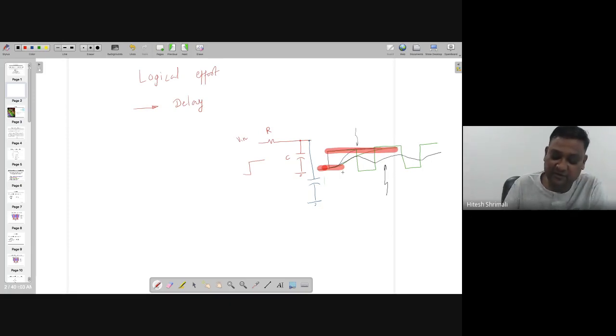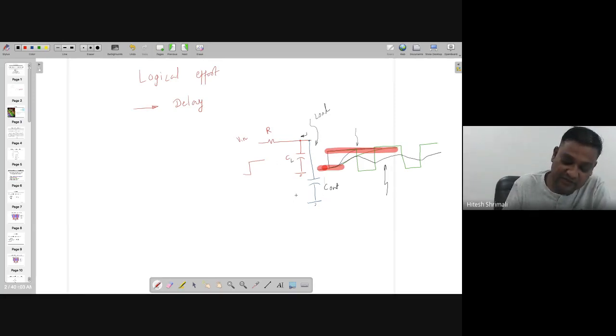And this is happening because of the fact that extra load has been added over here. And there is some sort of electrical effort required for the circuit to be taken into account. Electrical effort is the one which is C out with respect to what CL you have considered.